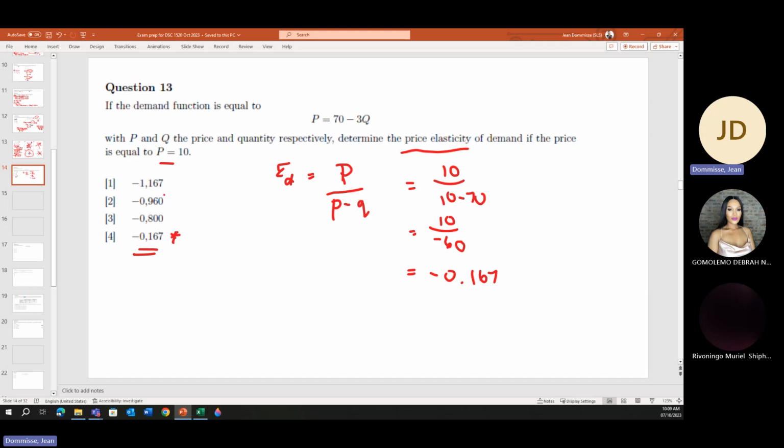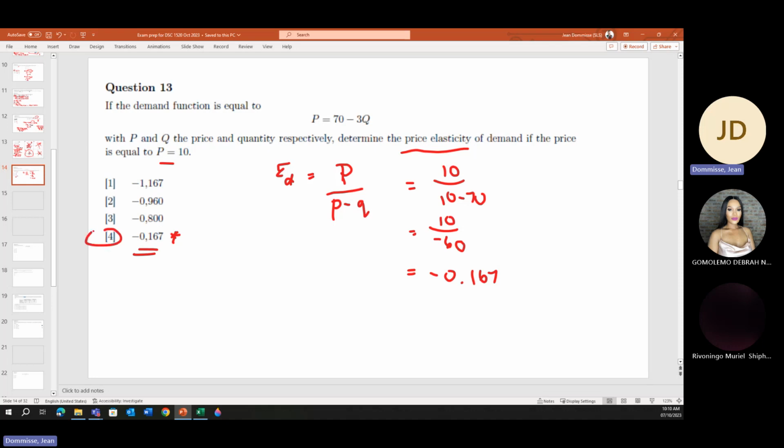Just look how close that one is. If we set, let me just quickly check, 70 divided by minus 60, we would have gotten option 1.